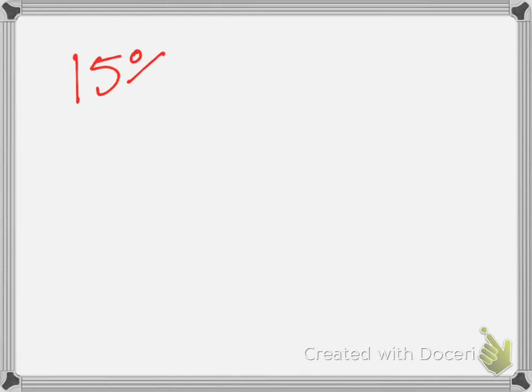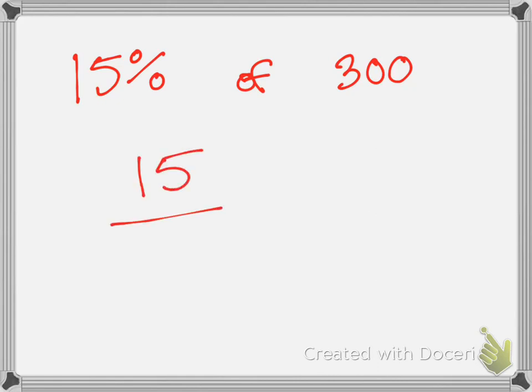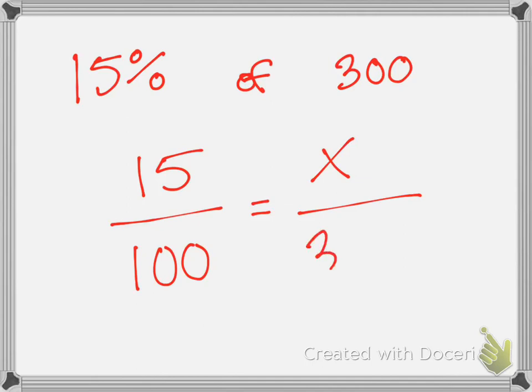When we're trying to find percents of a different number, for example, if it asked us to find 15% of 300, what we would know exactly is we'd have 15 over 100 is equal to x, a variable meaning something, over 300, because we're trying to find 15% of 300.